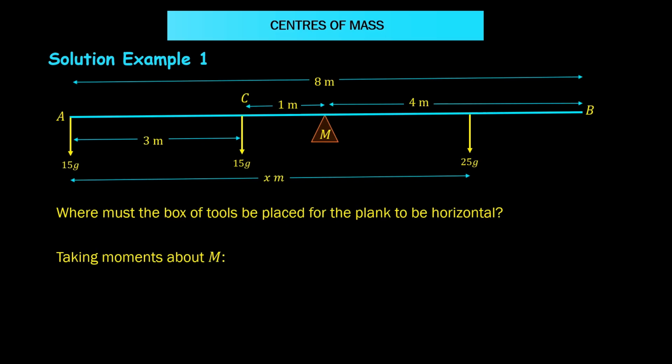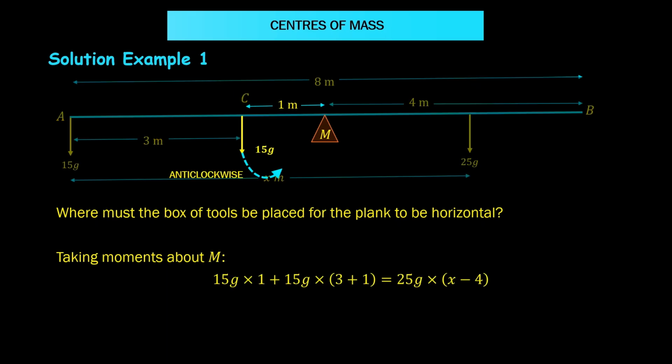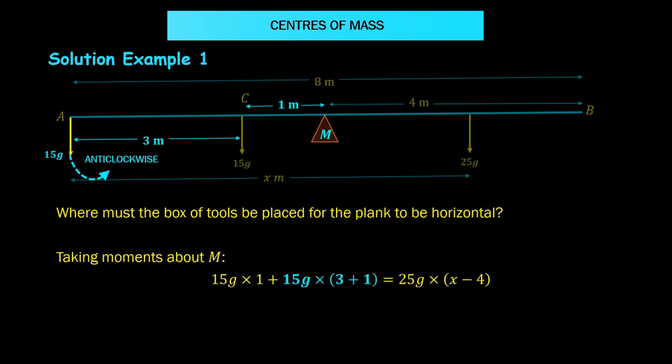So taking moments about M, we have, with the anti-clockwise moments, 15 g newtons times 1 plus 15 g newtons times 3 plus 1, the distance from M to A, as shown in the diagram.